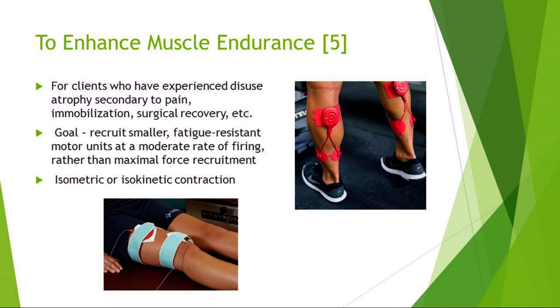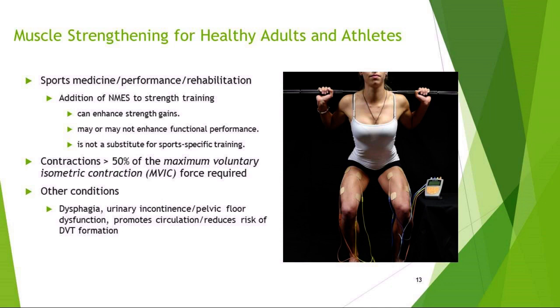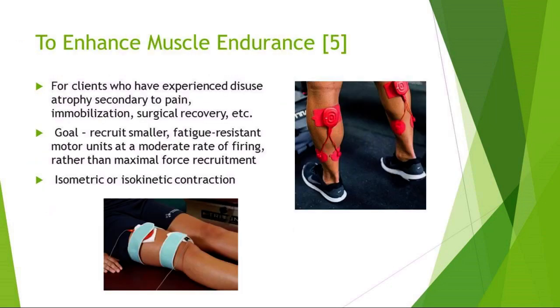So a lot of times you're having them do an isometric or an isokinetic contraction along with the electrical stim. So you're enhancing it. Same thing when you're doing it for muscle strengthening as an enhancement to strength training, you're having them do a voluntary contraction at the same time they're doing the electrically induced contraction.